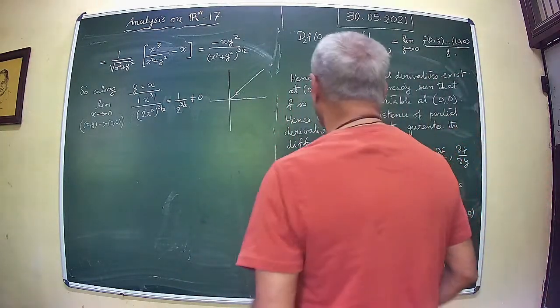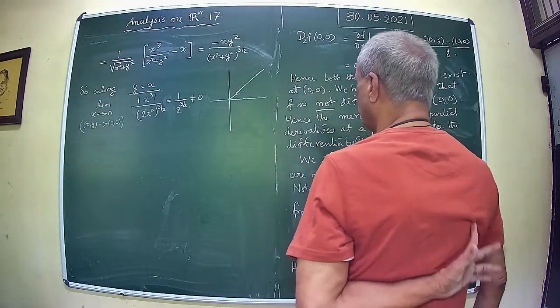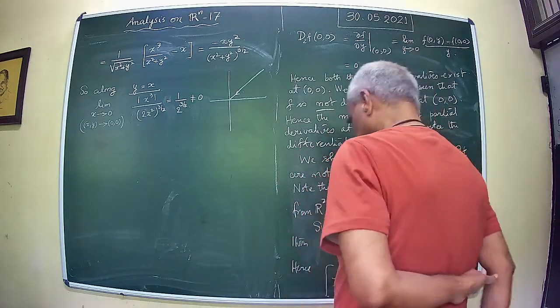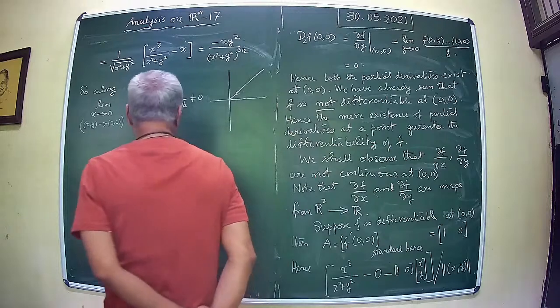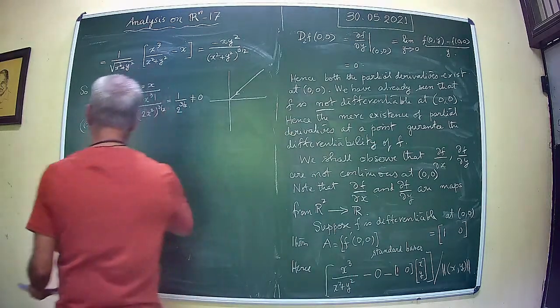Because we have already seen that if you were to take the derivative along the y axis, then it is 0, but this is not equal to 0.